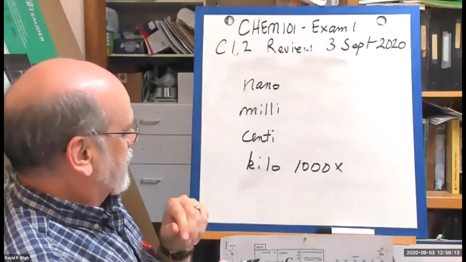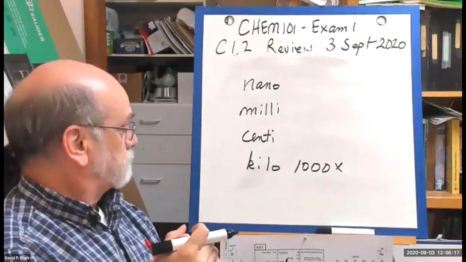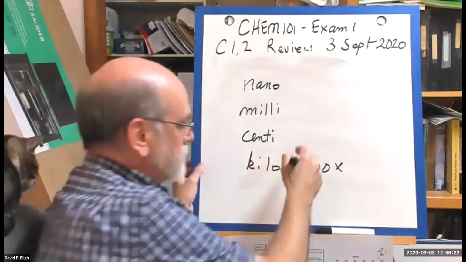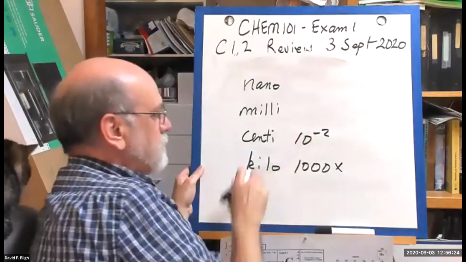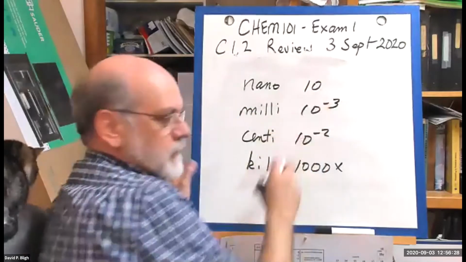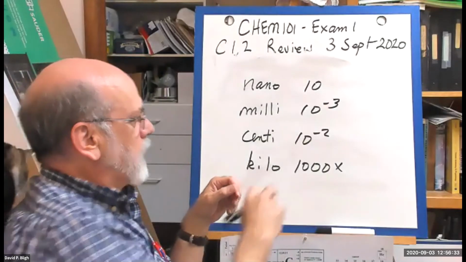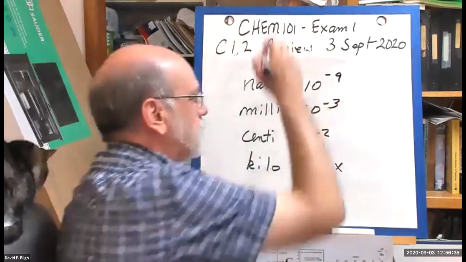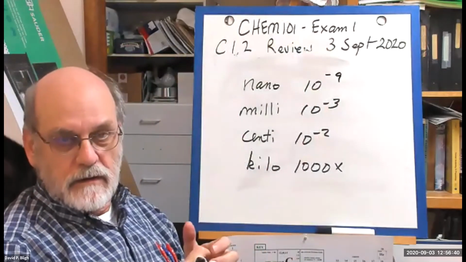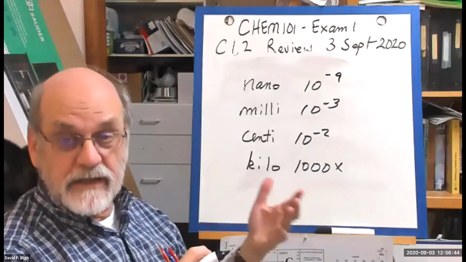And then you look at what's the smallest one. Well, centi means 100th of. Milli means 1,000th of. And nano means 1,000,000,000th of. So a nanometer is a billionth of a meter.